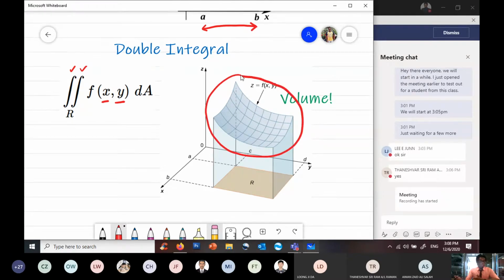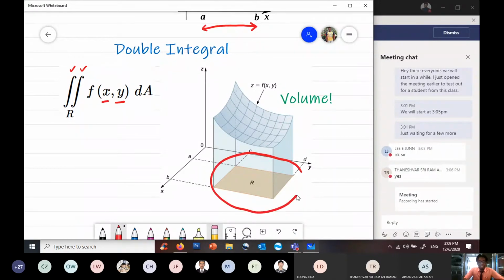Of course, you can't draw it on a piece of paper, but imagine you have a three-dimensional object. When you look underneath it, we are no longer talking about intervals. We are talking about a whole region underneath this.